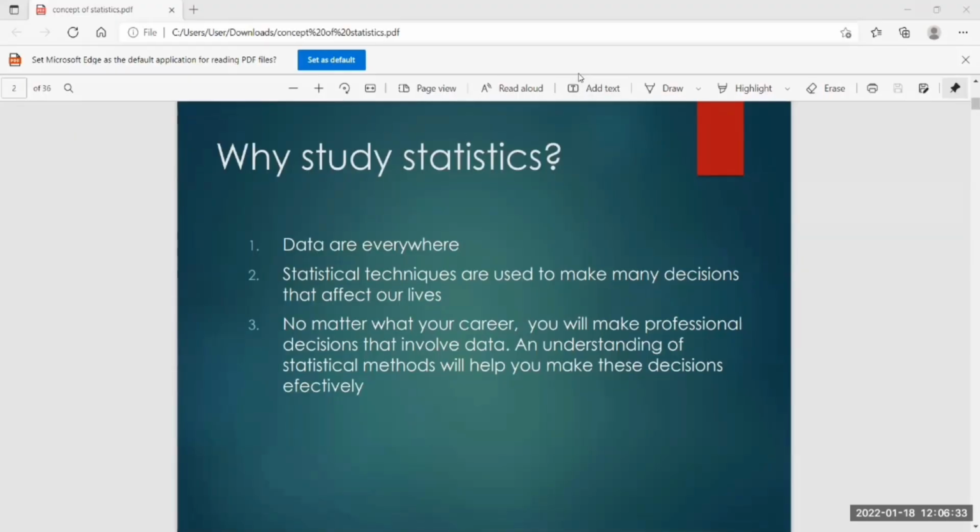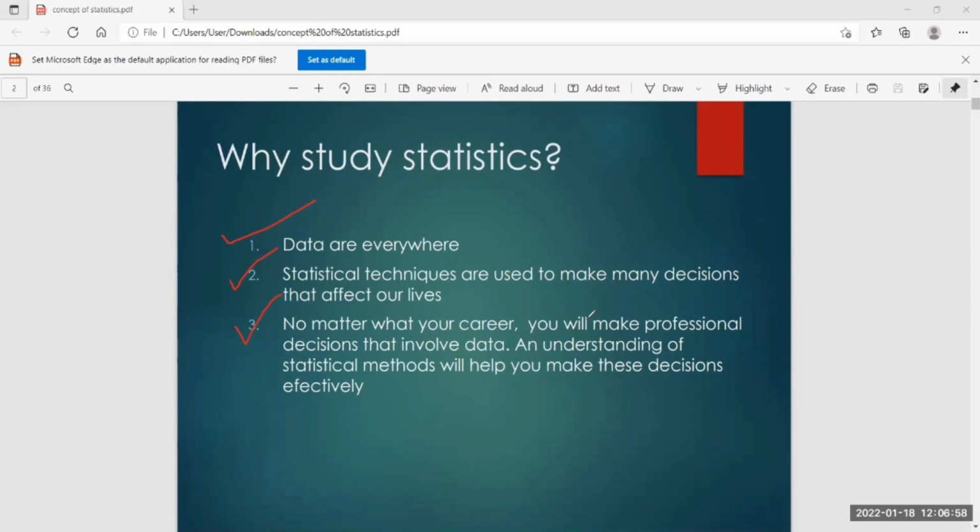So statistics is asked with the question, why do we study it? Because data are everywhere, and statistical techniques are used to make many decisions that affect our lives. No matter what your career is, like nurses, they say nurses don't do numbers.